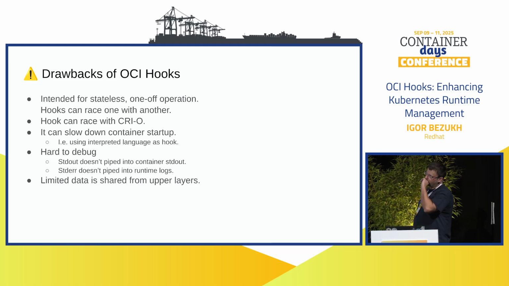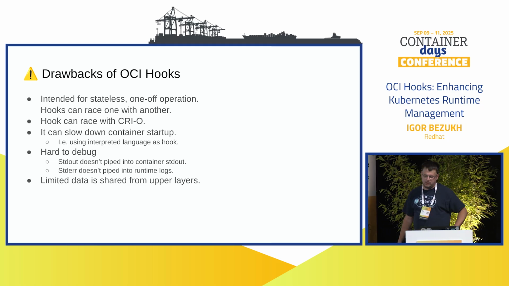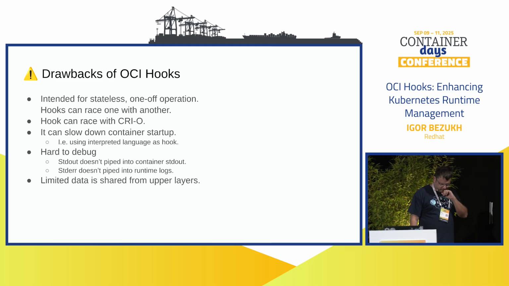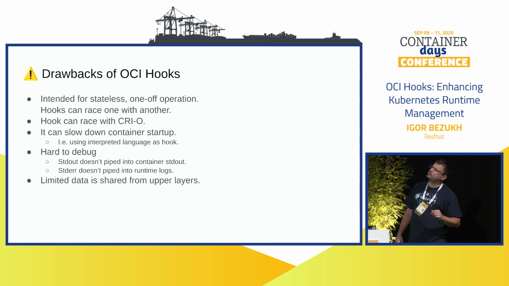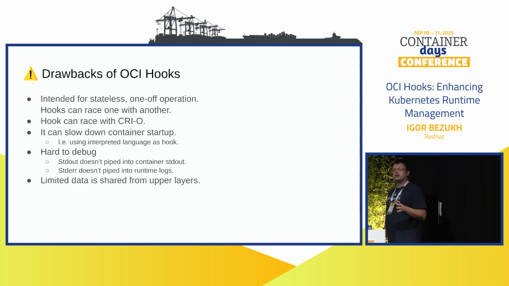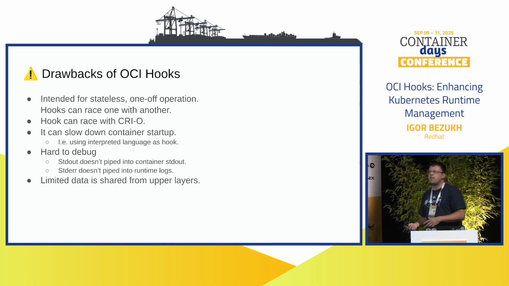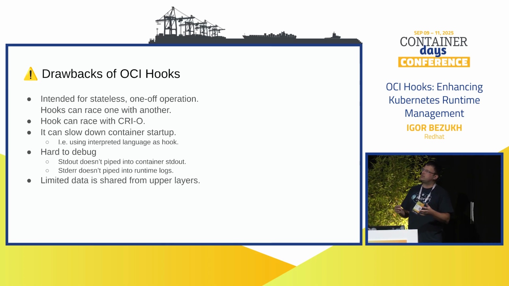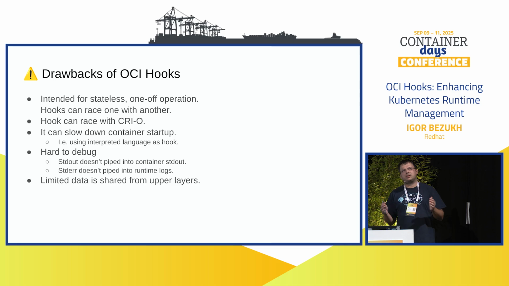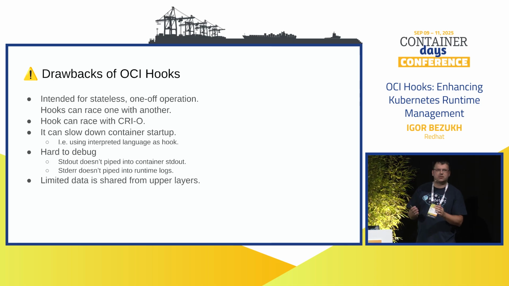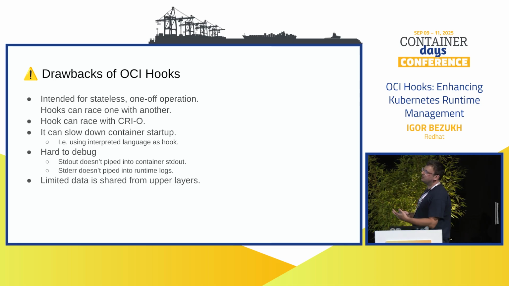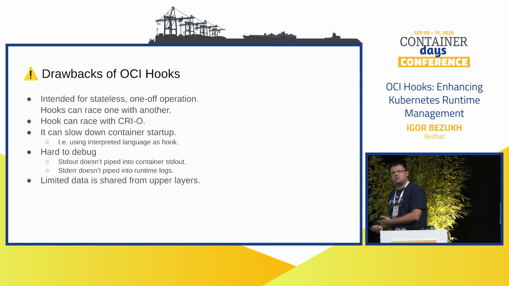So, drawbacks of OCI hooks. As I previously said, they are one-off stateless operations. It's like a callback. When you run inside a callback, you have a very strict sandbox, and you need to be synchronous, and it's very hard to debug, for example.